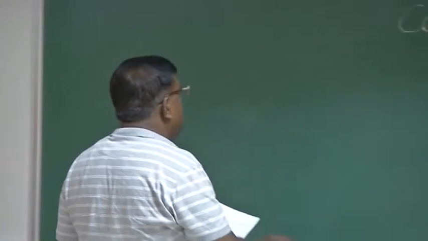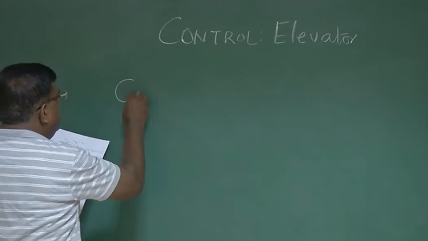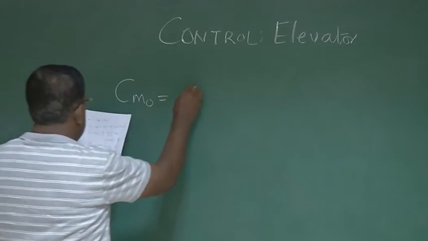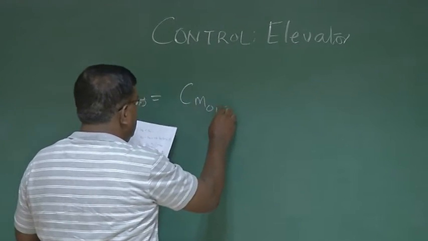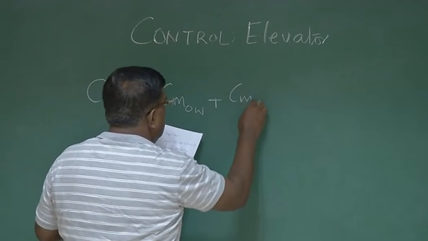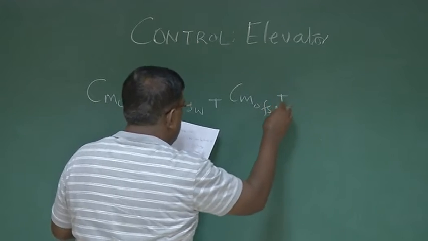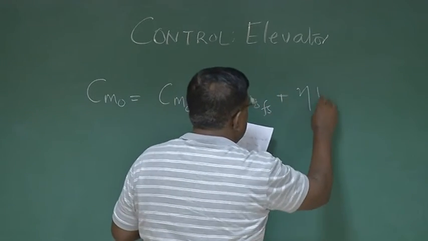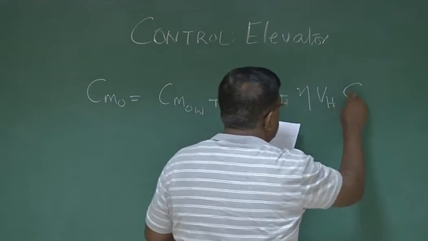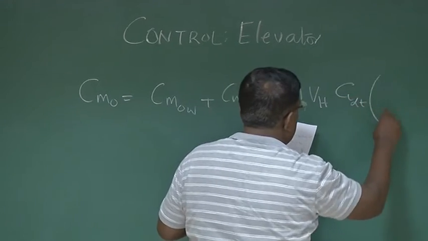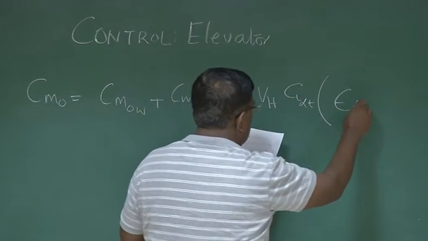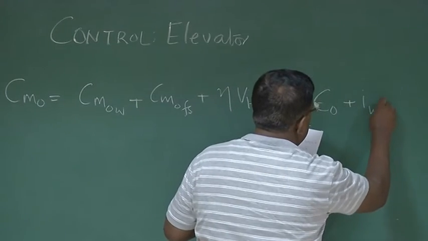And we got neat expressions. One was Cm naught equals Cm naught wing plus Cm naught fuselage plus eta VH CL alpha tail into epsilon naught plus IW minus IT.